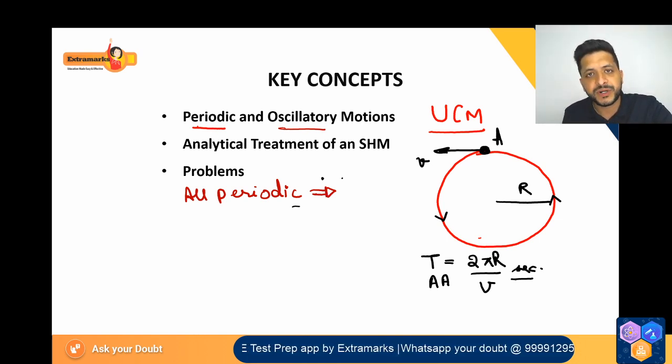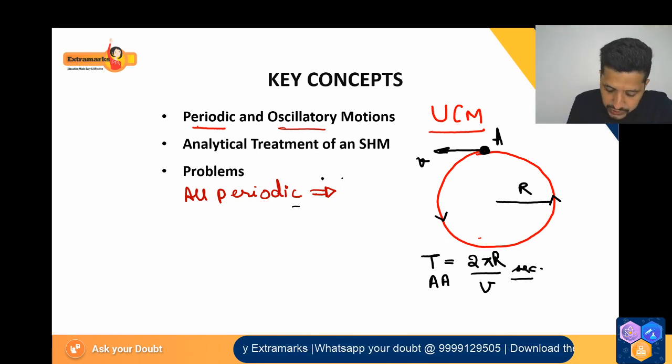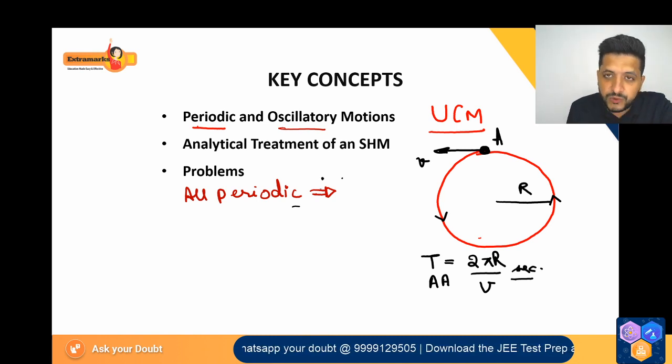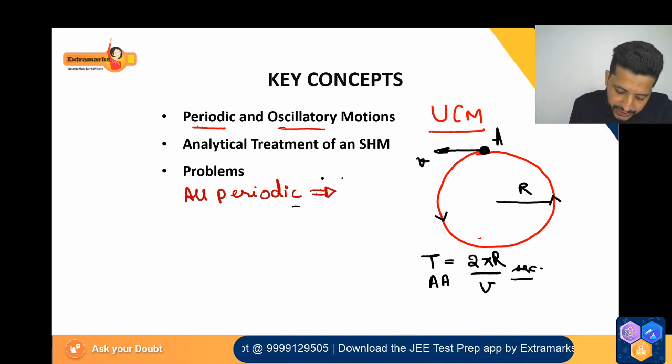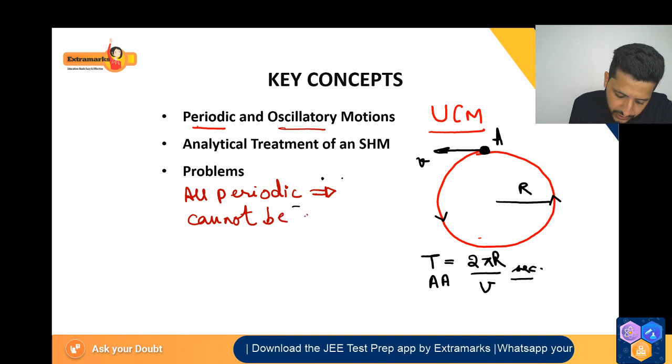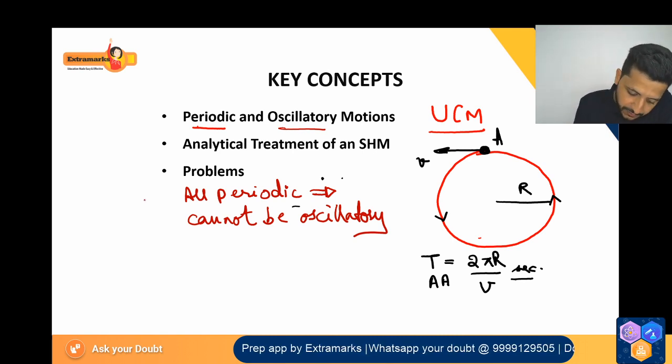Is it periodic? Yes. But is it oscillatory motion? No. So all periodic motions do not imply that the motions are also going to be oscillatory in nature. So all periodic motions cannot be oscillatory. Fine. This is a very important point.